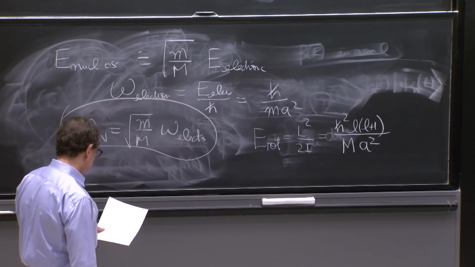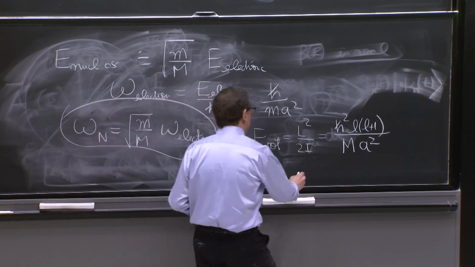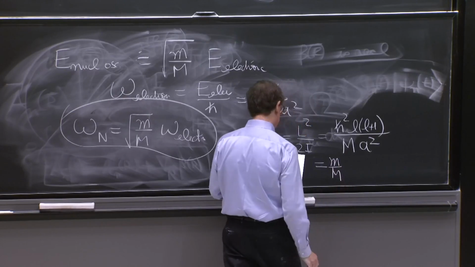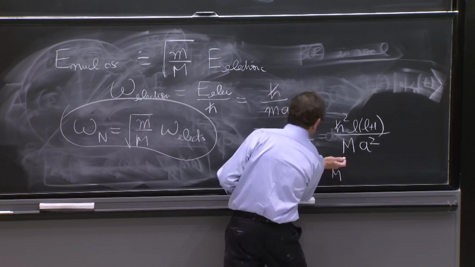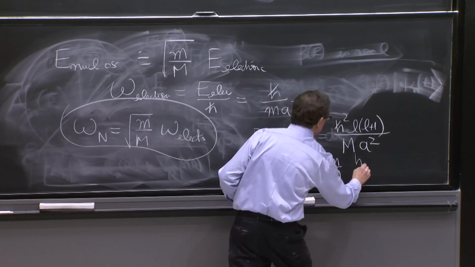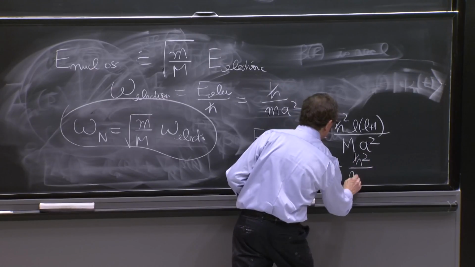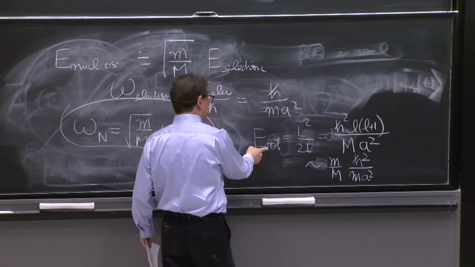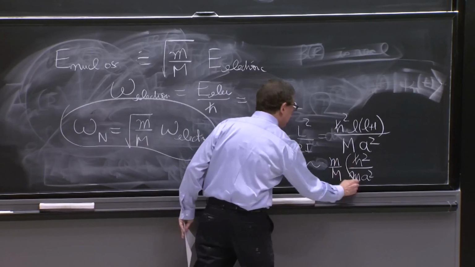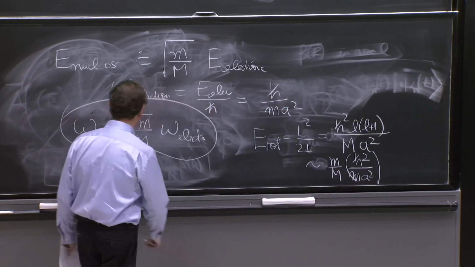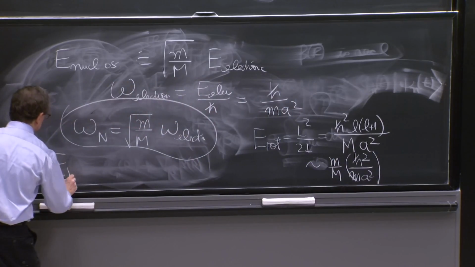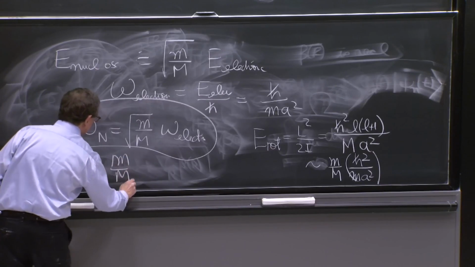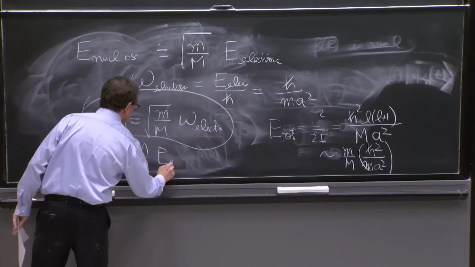These energies are like little m over capital M times, roughly, h bar squared over little m a squared. And therefore, the rotational energies are even smaller than the electronic energies. The rotational energies go like little m over capital M times the electronic energies.